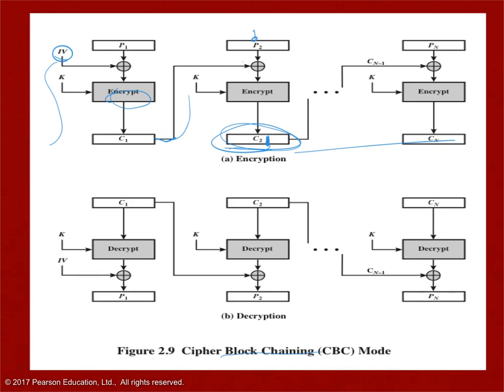Initial vectors are an arbitrarily generated sequence, which can be generated from any random generator. We use that arbitrarily to behave like a previous cipher text, because at time 0 we don't have a cipher text. Okay, so this is cipher block chaining.